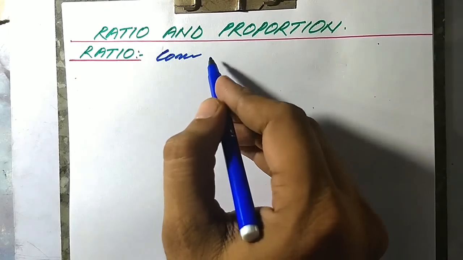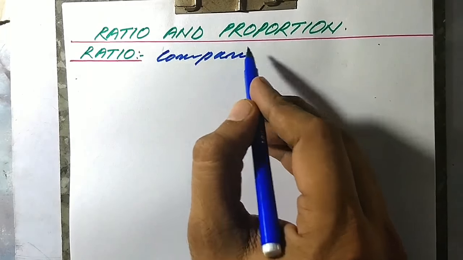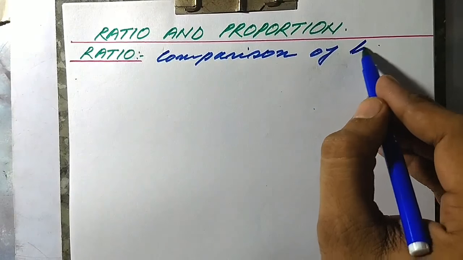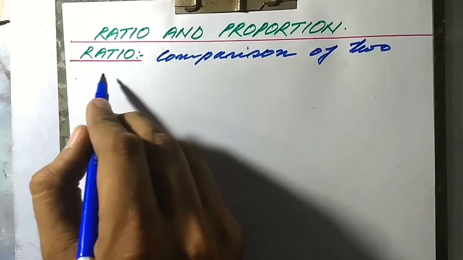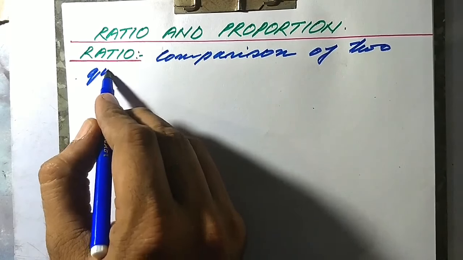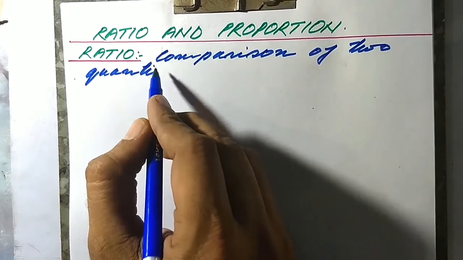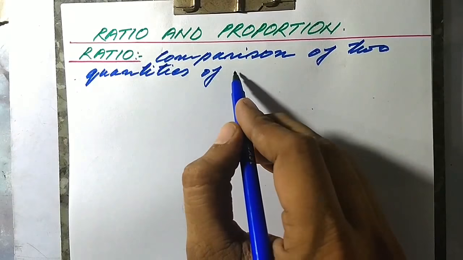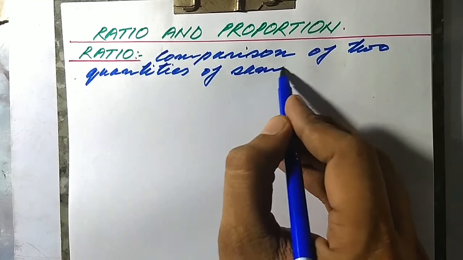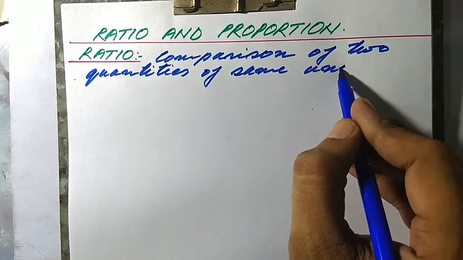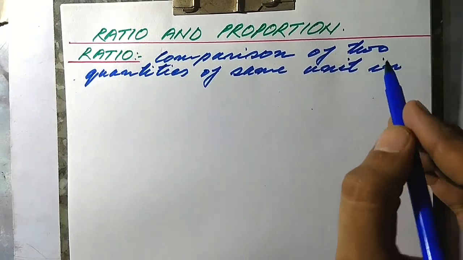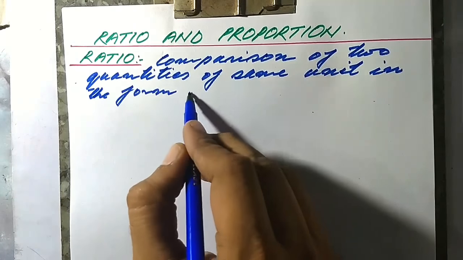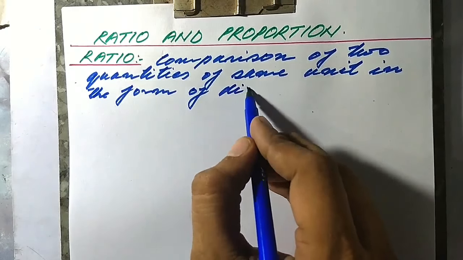Comparison of two quantities of same unit in the form of division.